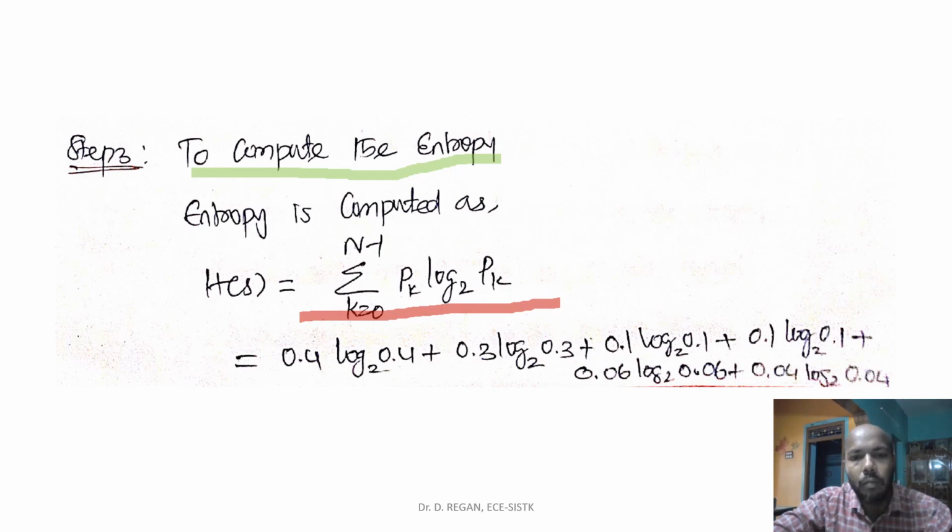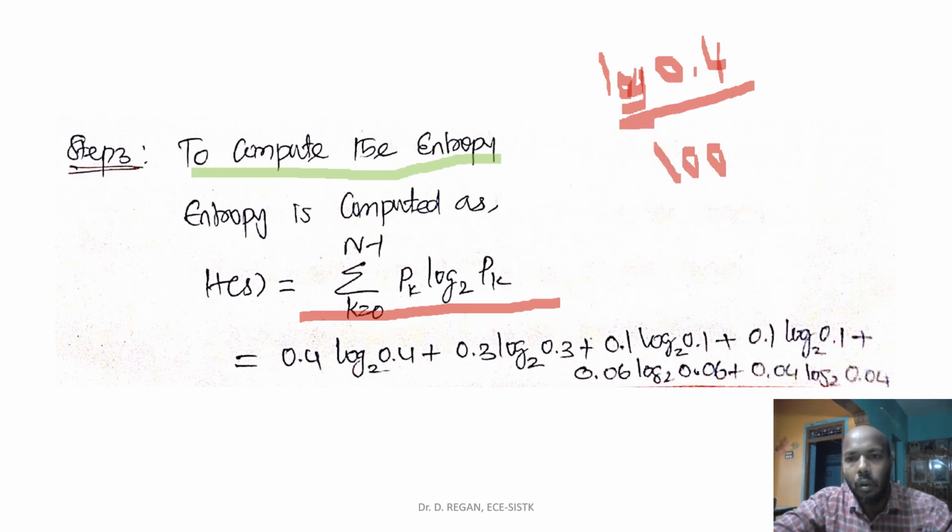So how to calculate logarithm of base 2: suppose I am taking 0.4. So log 0.4 divided by log 2.